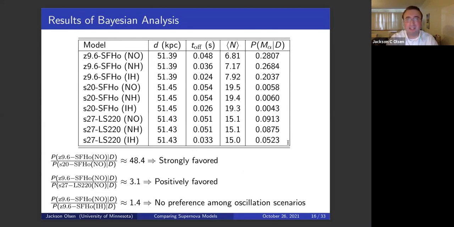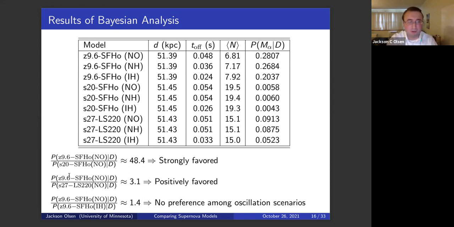So here are the results that I find with the 1987A data. We see immediately that the 9.6 solar mass model is most favored. And here I've also included each of the 3 oscillation scenarios. So we can see, comparing the 9.6 solar mass model with the 20 solar mass model, we find a Bayes factor of between 40 and 50, which is above this 20 threshold, so it's strongly favored.